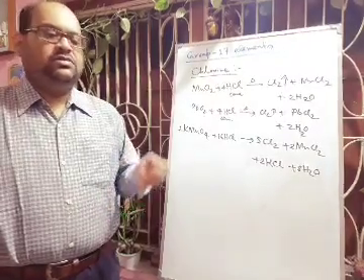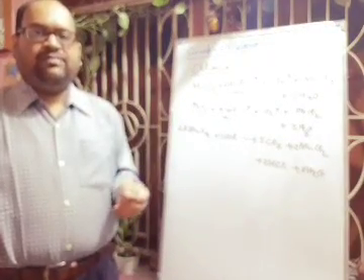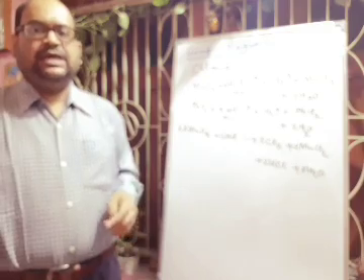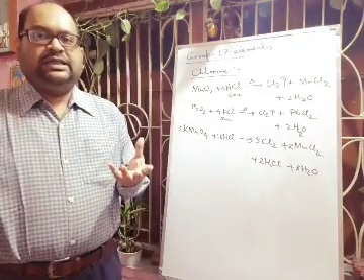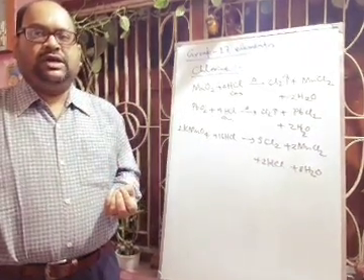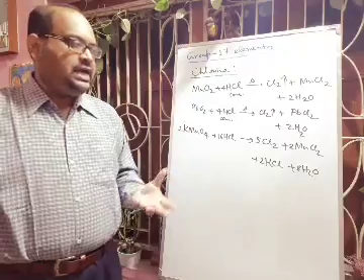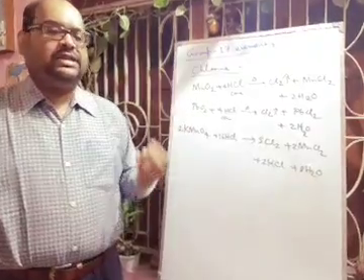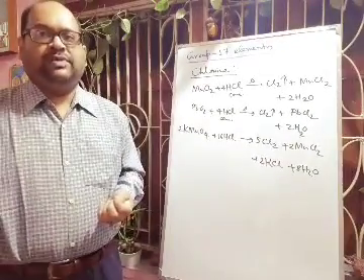Concentrated sulfuric acid will be added drop by drop from a dropping funnel, and you have to heat the mixture, then chlorine gas will be evolved. Being heavier than air, this chlorine gas is collected by the upward displacement of air.